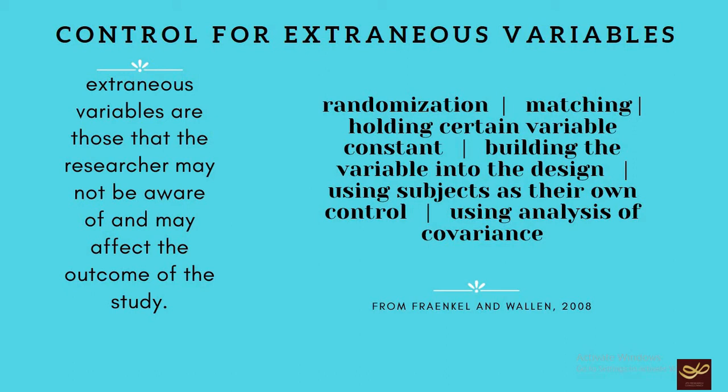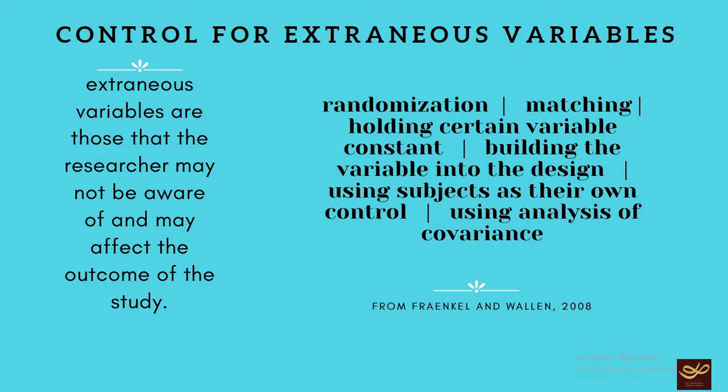Second is the matching. What do we mean by matching? So here, you're going to pair the subjects in your study, meaning a certain individual, if your subjects are individuals, belongs to the control group, and another individual of the same characteristics to that certain individual belongs to the experimental group.